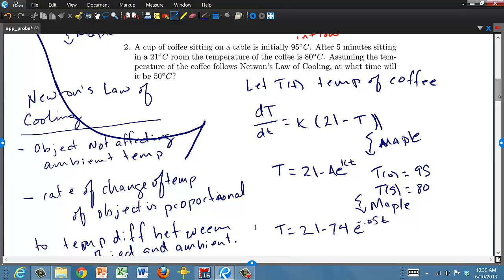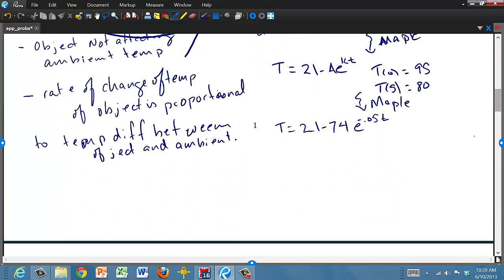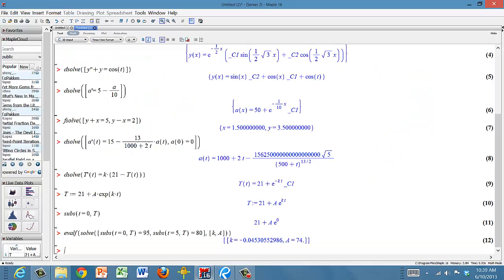Okay, now the problem asks you at what time will the temperature of the coffee be 50. So you want to solve T of t equals 50. Again, you can use Maple. So if you're using Maple, you could go ahead and say solve.